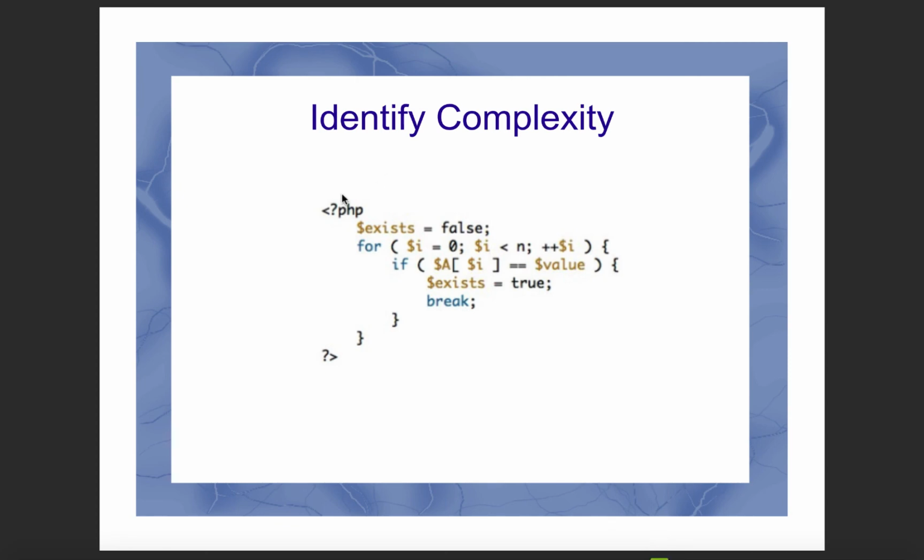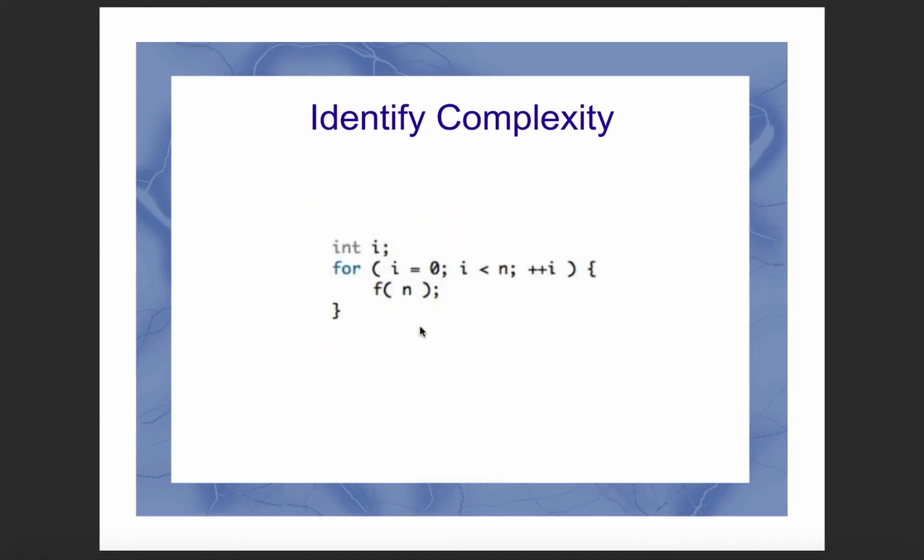Now, if you consider this program, you can see that it has one for loop and it runs n times. So this program has big O of n complexity.